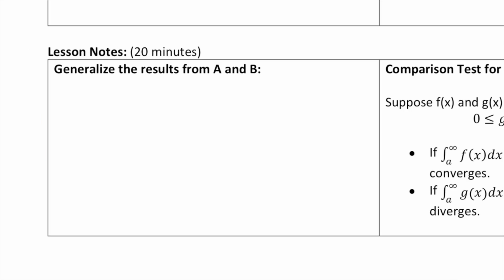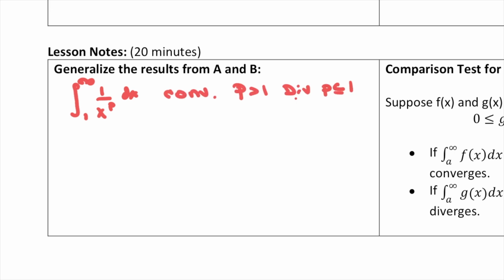So the results from a and b are going to be very useful to us later on in this unit. If we go from 1 to infinity of 1 over x to the p dx, we know that it's going to converge for p greater than 1 and diverge for p less than or equal to 1.